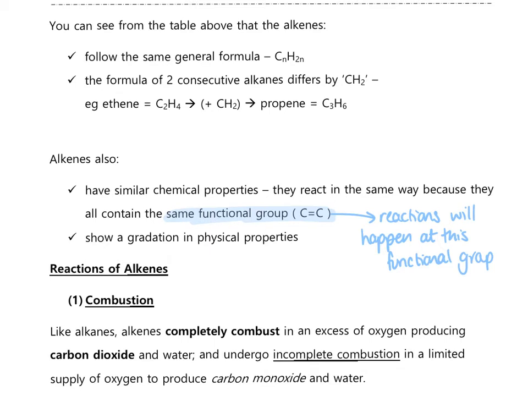And they show a gradation in their physical properties, and what that means is we'll see a slight progression in their physical properties. For example, those first few alkenes that we looked at were all colourless gases, but eventually as the chain gets longer, the boiling point will increase, in which case they will start to become liquids at room temperature.